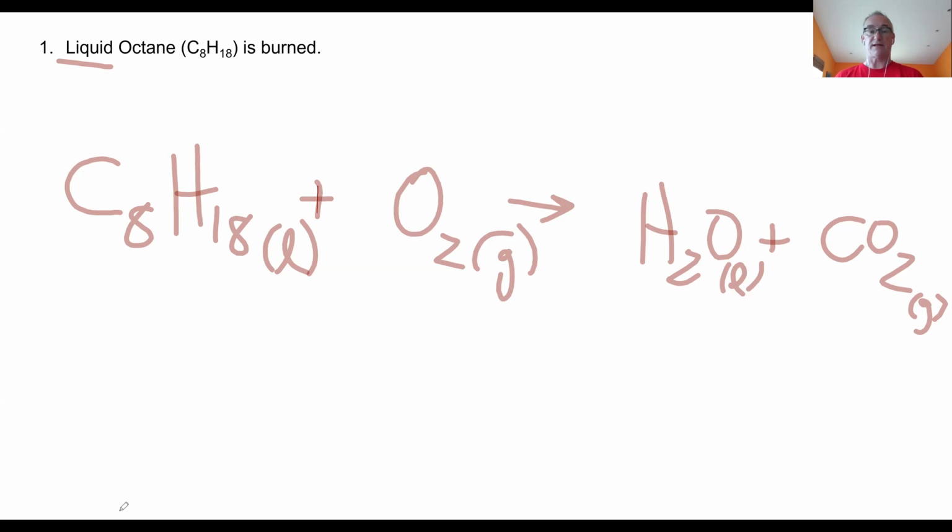So let's do that. What's the simplest way to go about balancing our carbons? Eight. Where are we going to put 8? Eight carbon dioxides. So that gives us 8 carbons as reactants and 8 carbons in products. Okay, so far so good.